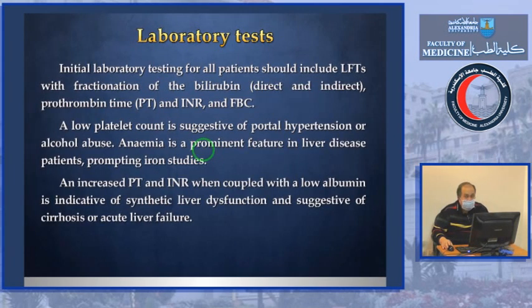Now we go to the third box, which is the laboratory investigations. Of course, when you get a patient with jaundice, you should do what we call liver test profile. You assess the liver functions.